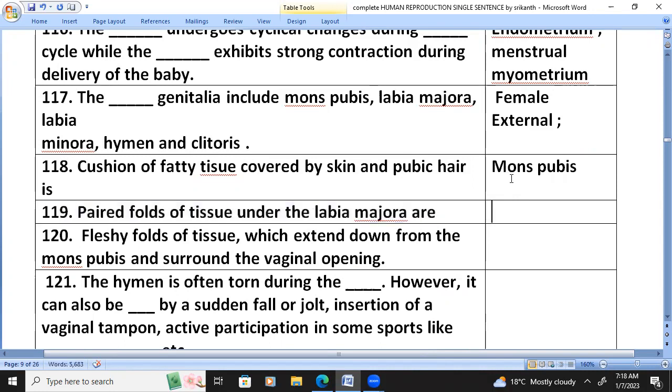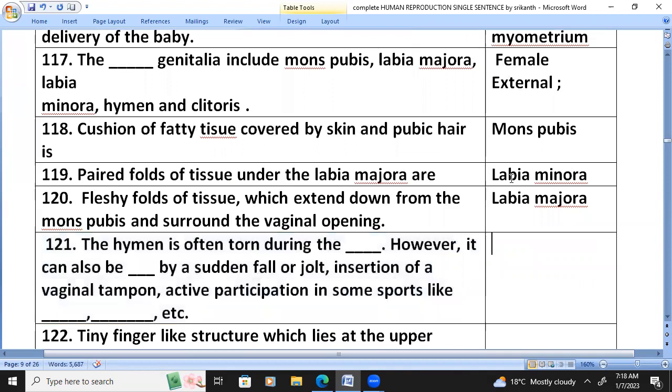Paired folds of tissue under the labia majora are the labia minora. Fleshy folds of tissue which extend down from the mons pubis and surround the vaginal opening are the labia majora.